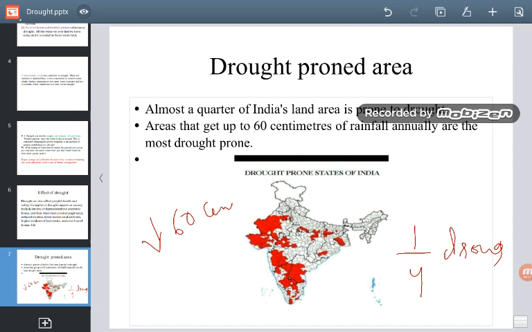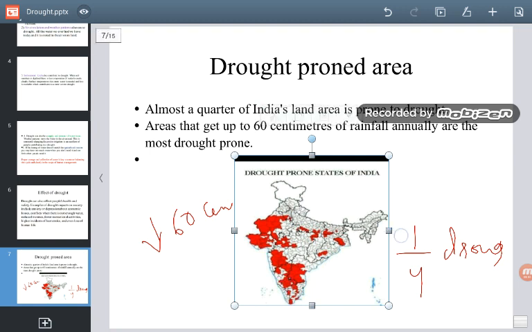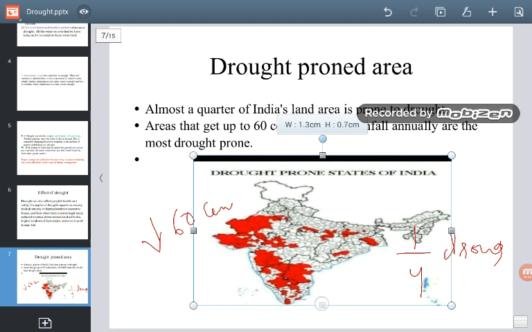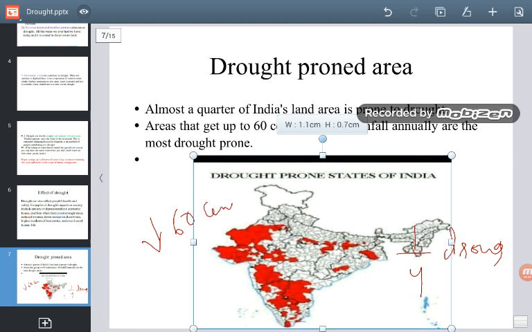and they are most drought prone area. So here you can find out few examples, the red patches where these regions are located, and they are facing the drought. The people of this region are facing the drought.